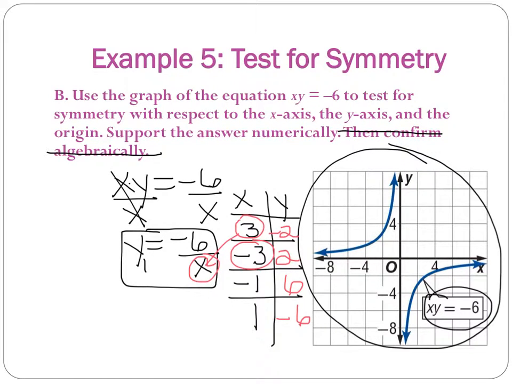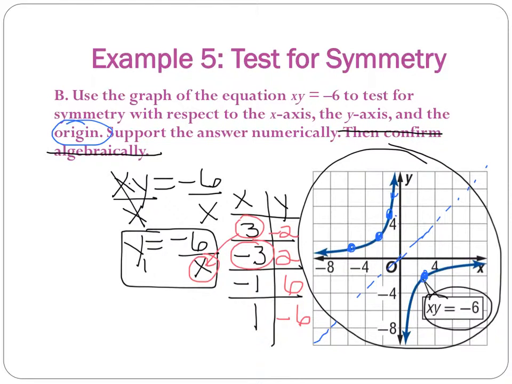That makes the graph have origin symmetry, which means that if I reflected every point on this piece of the graph across the origin, this point here is going to land right here, and so on.